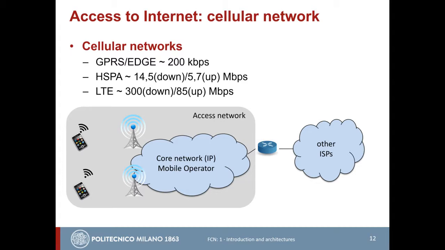Maybe not in the deserts or in the high mountains, but when you have access to the mobile network, then you are connected everywhere. However, this solution is still rather expensive in terms of what you have to pay for the bandwidth that you are using.